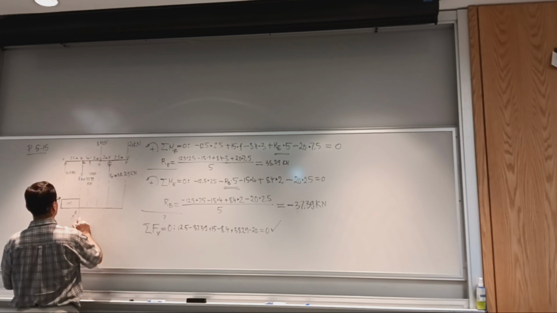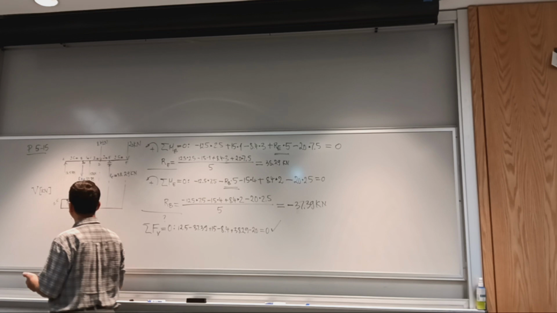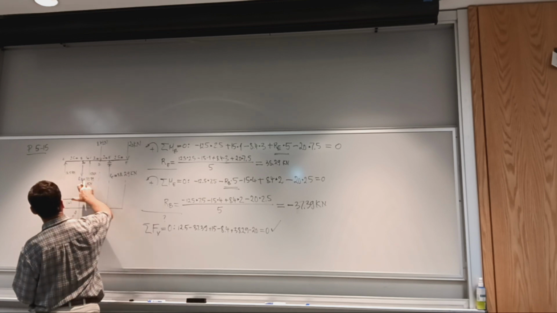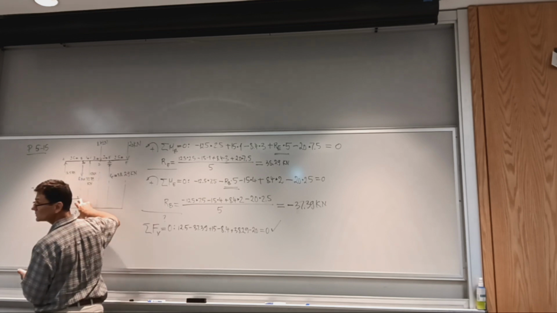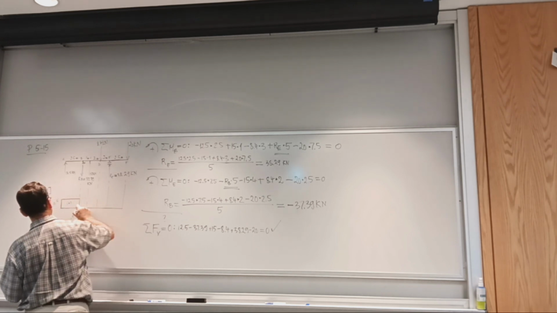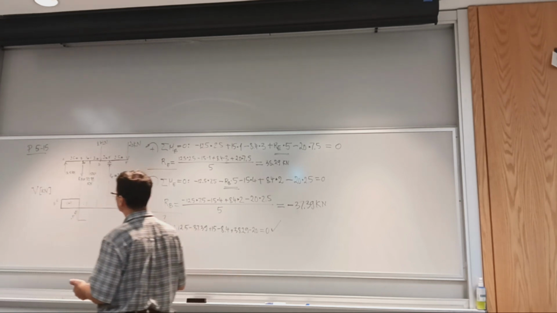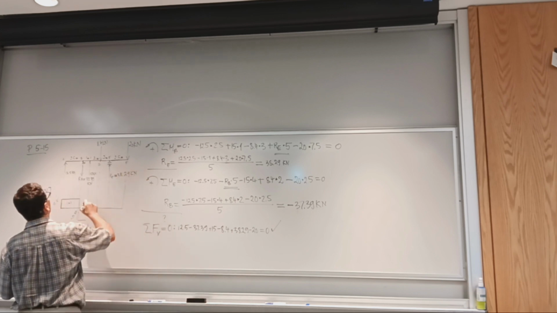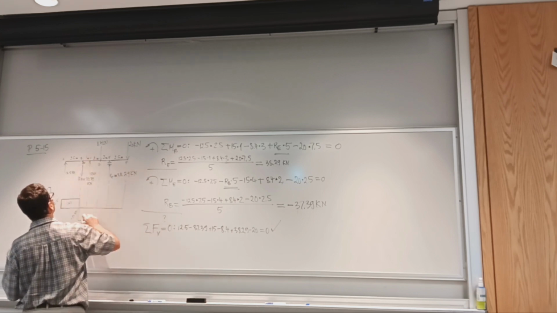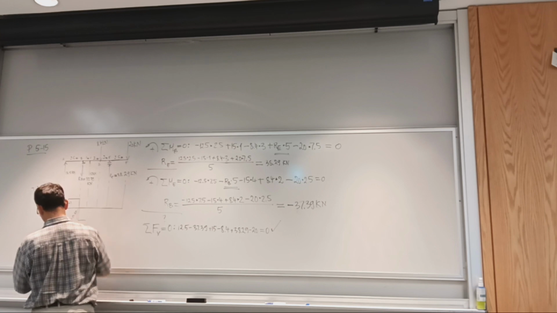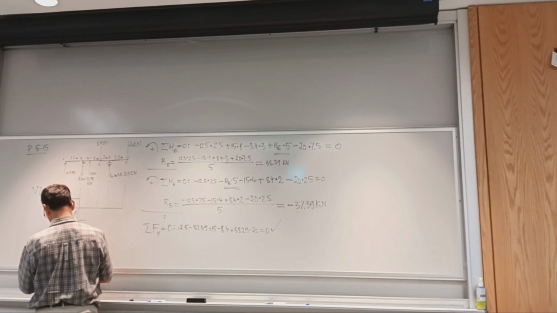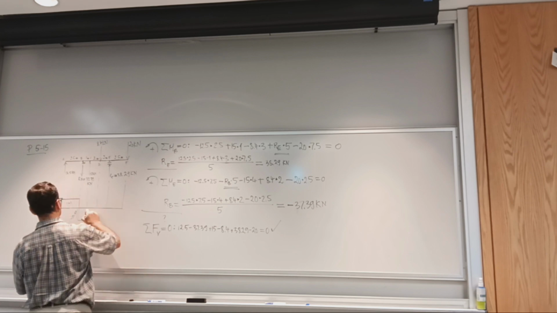It stays unchanged. This whole thing was a jump of 37.39 kilonewtons. I have an upwards jump by 15, so negative 24.89 plus 15 gets me negative 9.89.